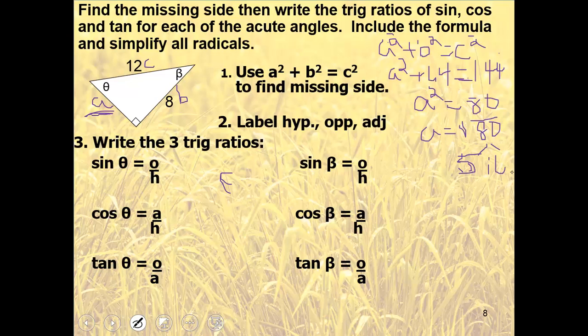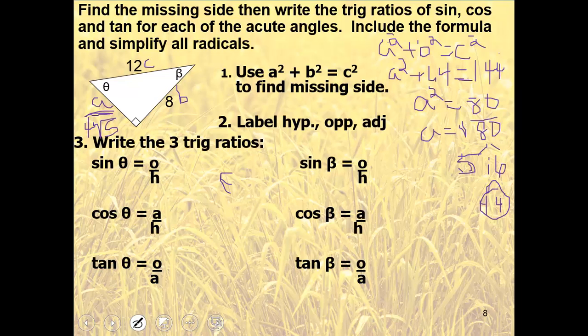That's 5, and 16 is a perfect square, 4 and 4. So this side here is going to be 4 times the square root of 5. Sorry for that. I'm just going to do one side because the other side is very similar and I've lost a lot of time on that.